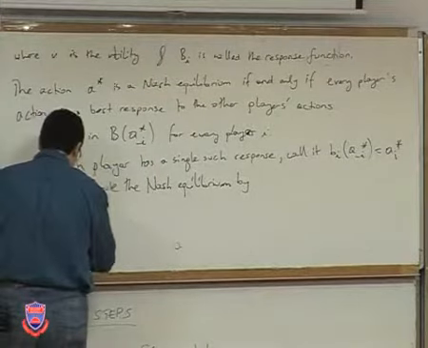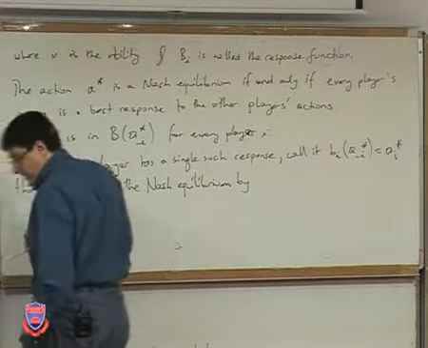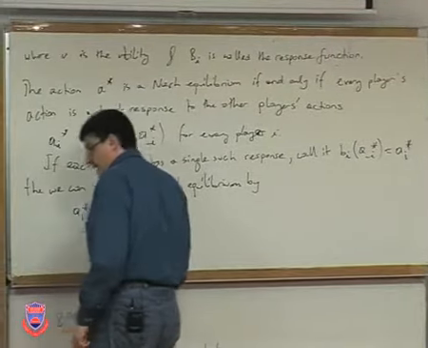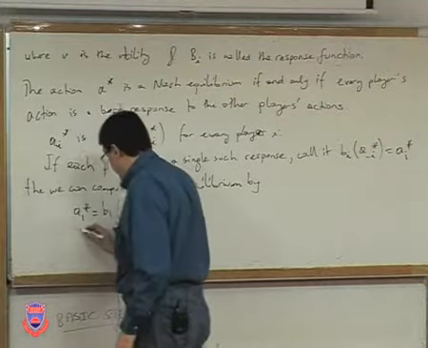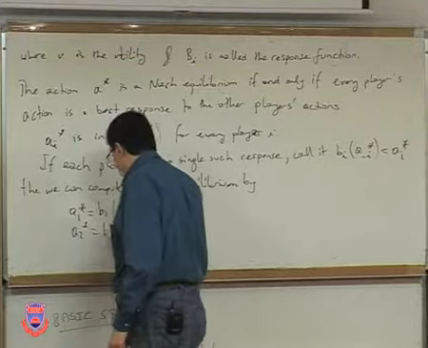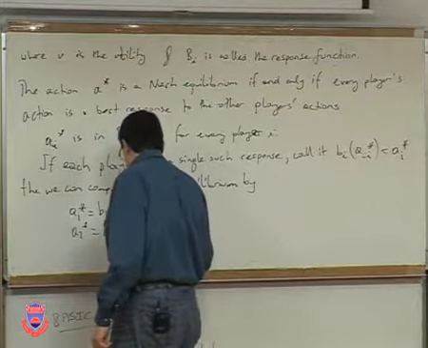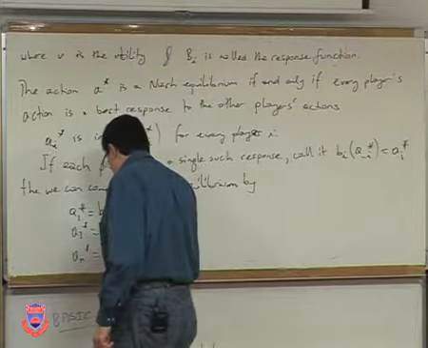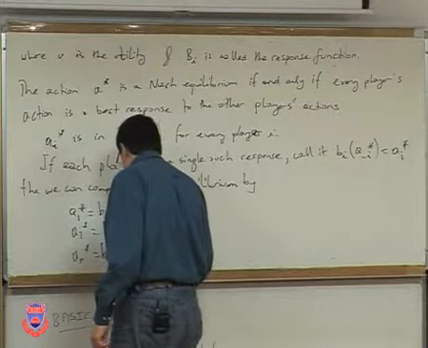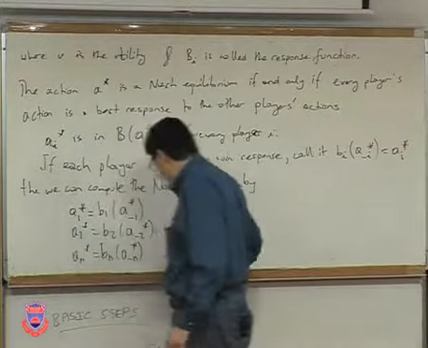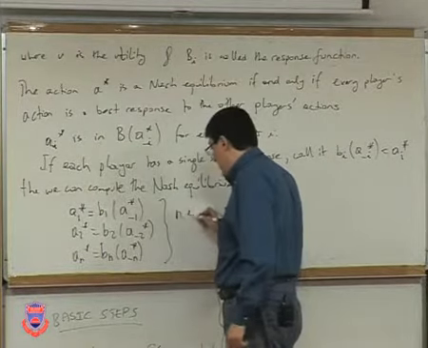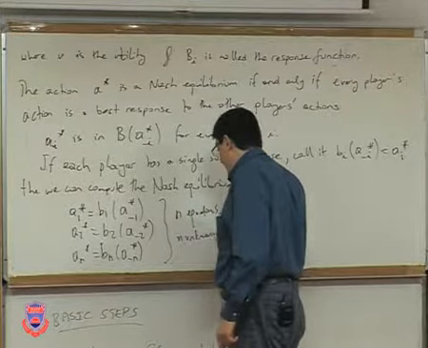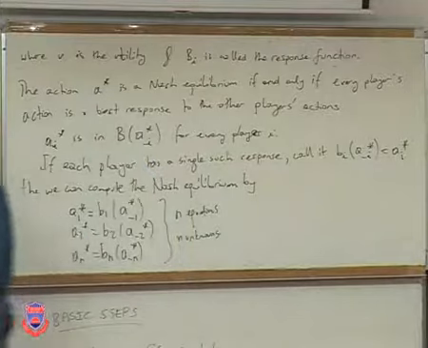A1 star is equal to B1 of A minus 1 star, and A2 star is equal to B2 of A minus 2 star, and An star is equal to Bn of A minus n star. So you simply solve n equations, n unknowns, and obtain the equilibrium solution.